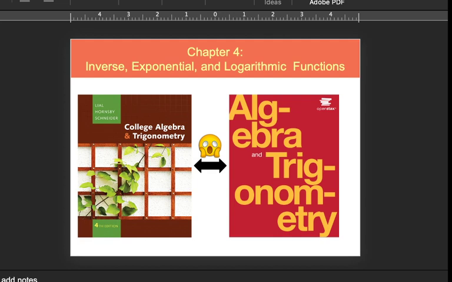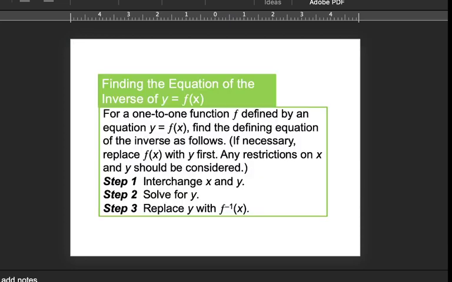What we're going to focus on today is writing the equation for the inverse, so finding the equation of the inverse when we have some function f of x.